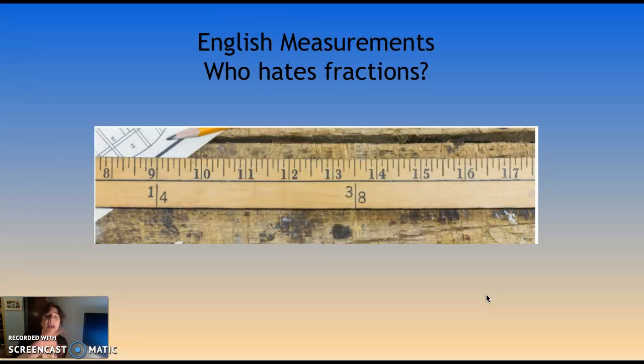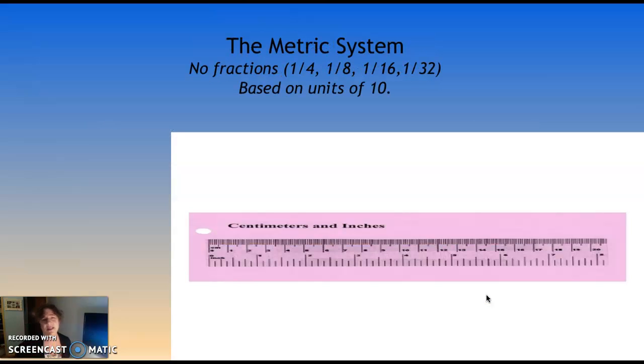There's so much error involved in fractions. So we're going to get rid of fractions in this course and use the metric system because it's in powers of 10, and that's easy. You can just move the decimal back and forth. So making measurements simple with the metric system really prevents a lot of errors.